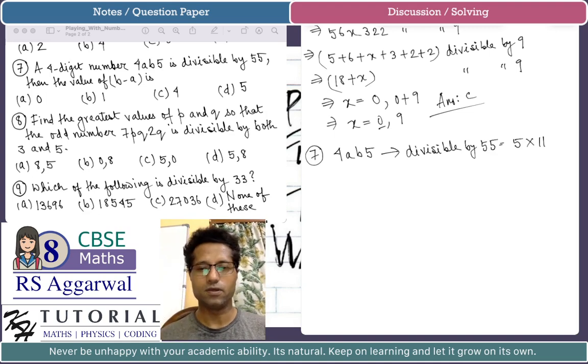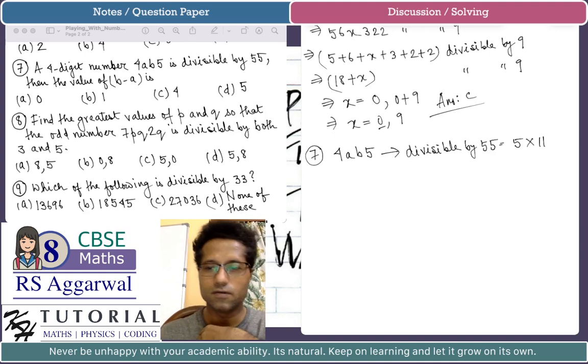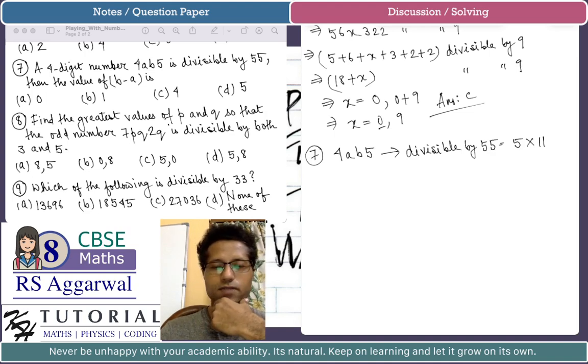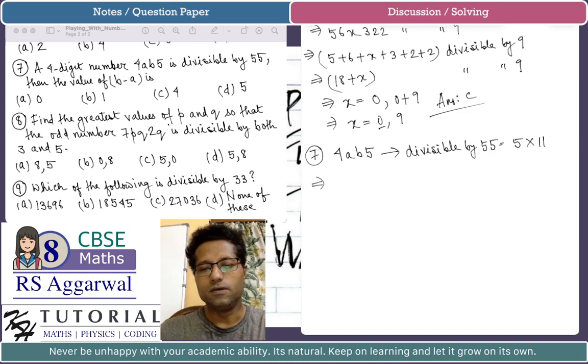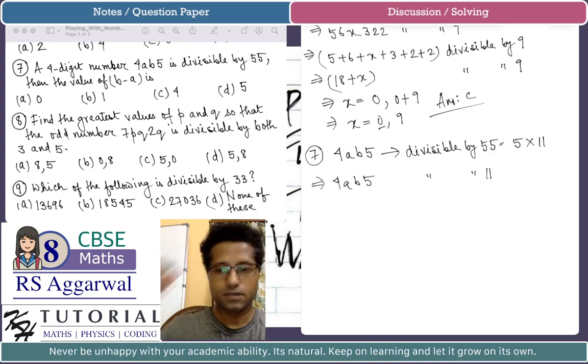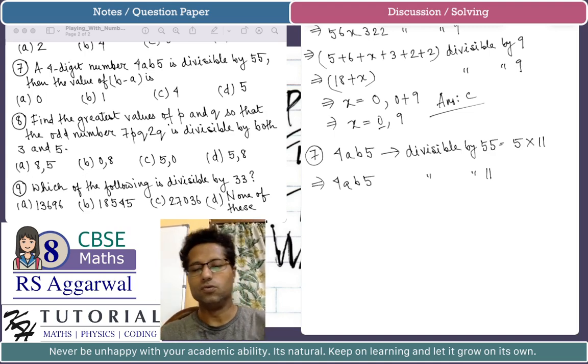So this number 4AB5 must be divisible by both 5 and 11. Now the given number already has the digit at the units place as 5, so it will definitely be divisible by 5. So we just need to check whether this number is divisible by 11 or not. So we must have 4AB5 divisible by 11. Now, what is the rule for a number to be divisible by 11?